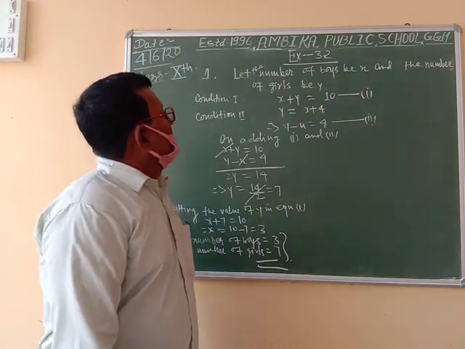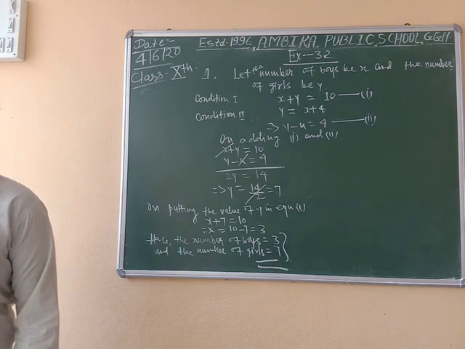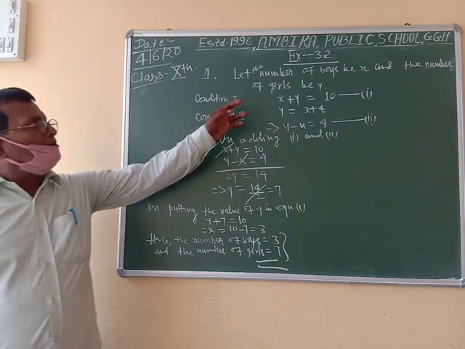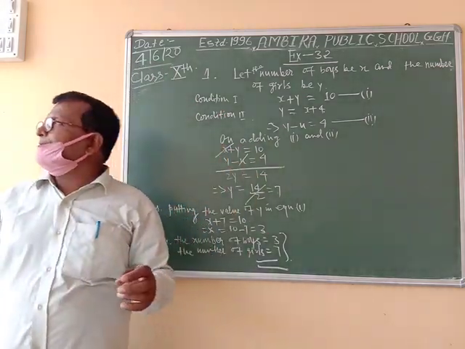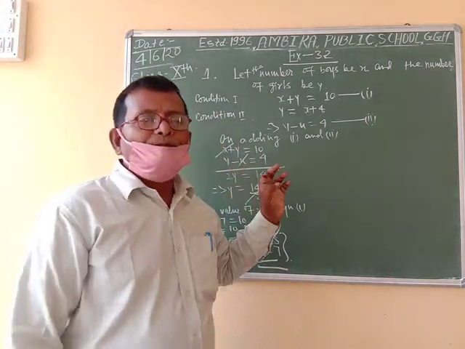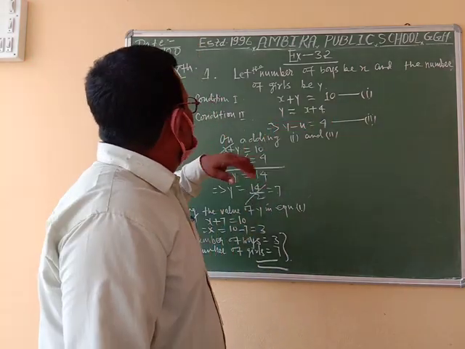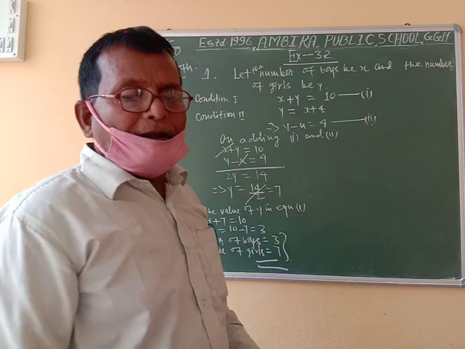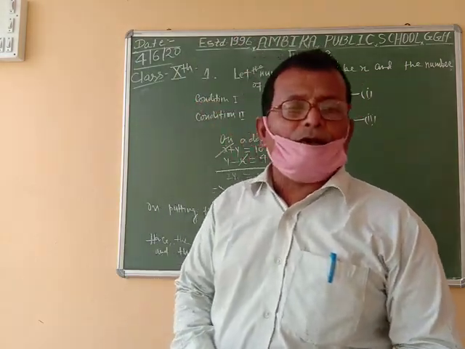Let the number of boys in the quiz competition be x and the number of girls be y. According to the first condition, x plus y is equal to 10, and in condition 2, the number of girls is 4 more than the number of boys.